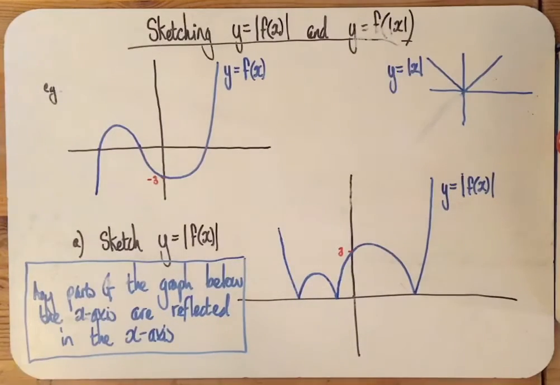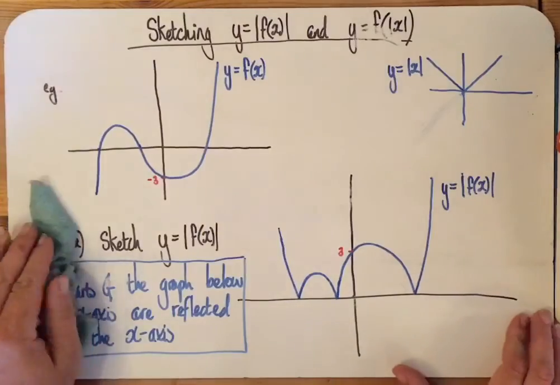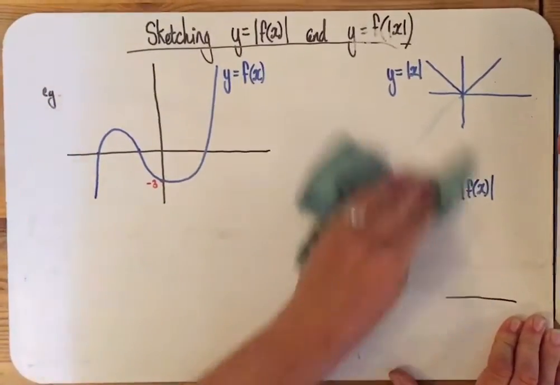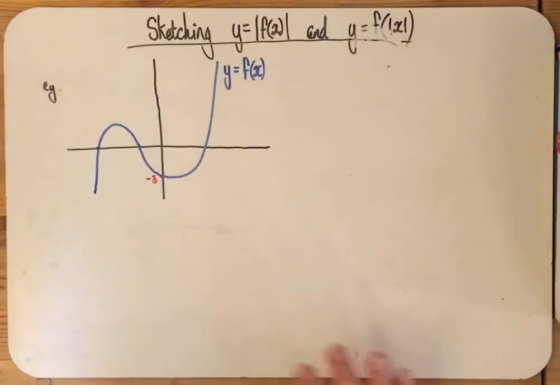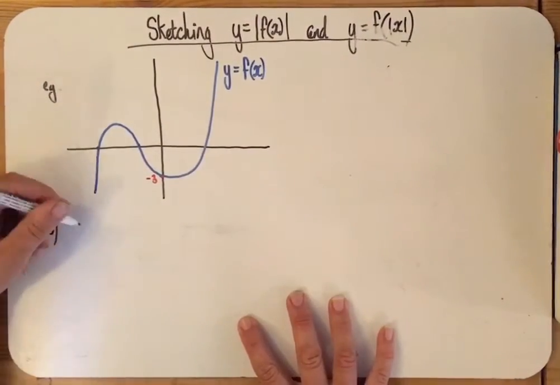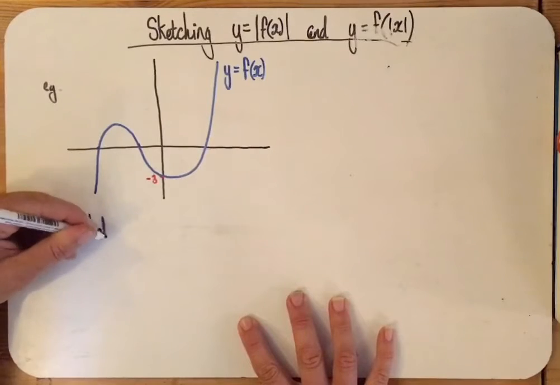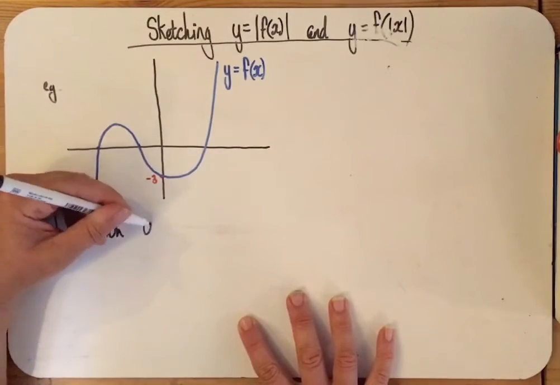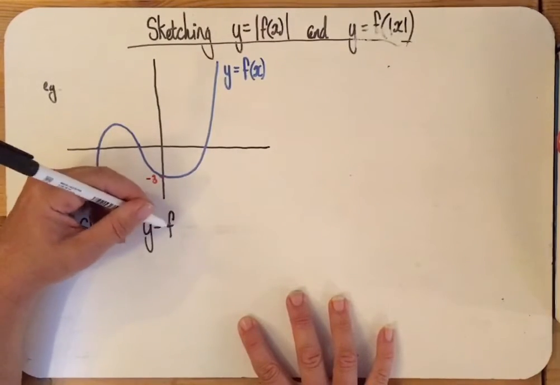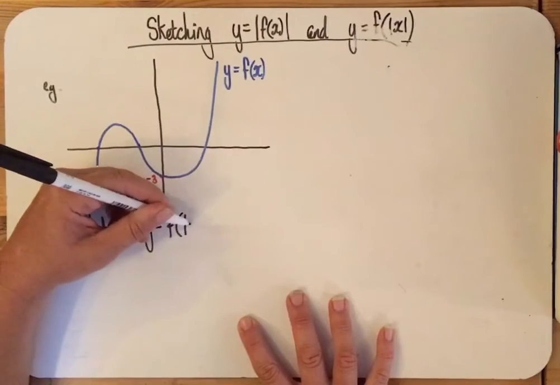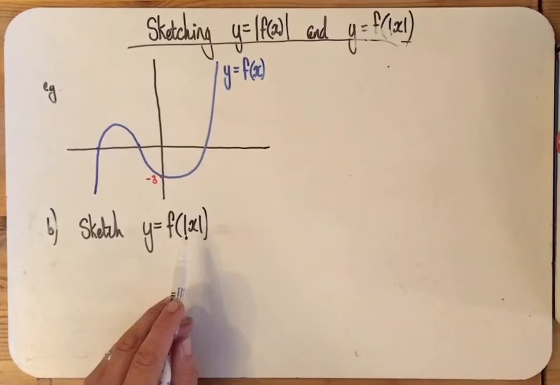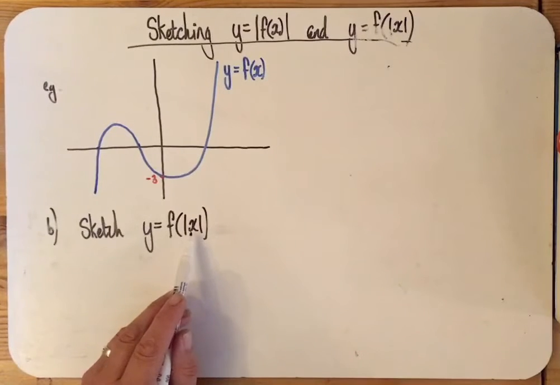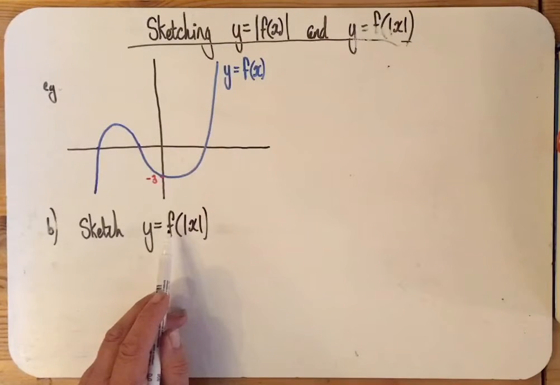Right, sketching the other one, so that's y equals f of the modulus of x. I'll let you pause that if you need to. Right, order of operations. The first thing you do is modulus of x, and then you do f of x.